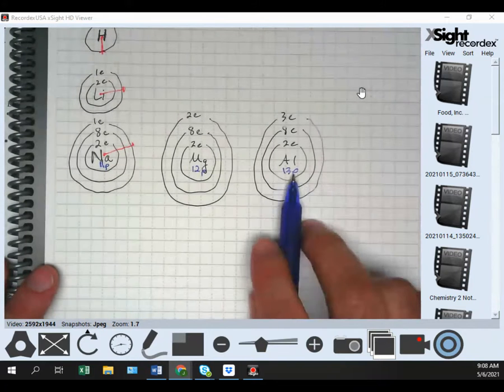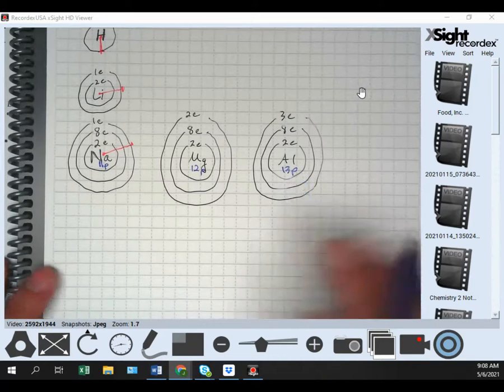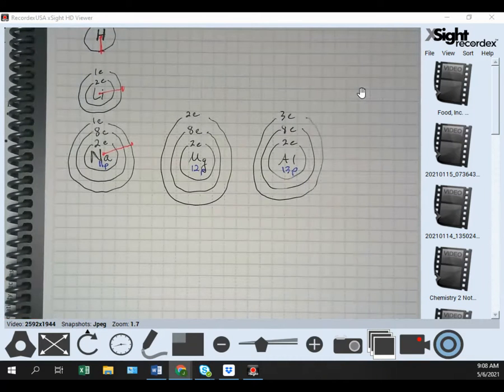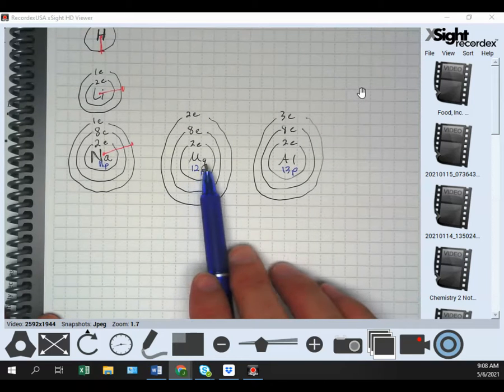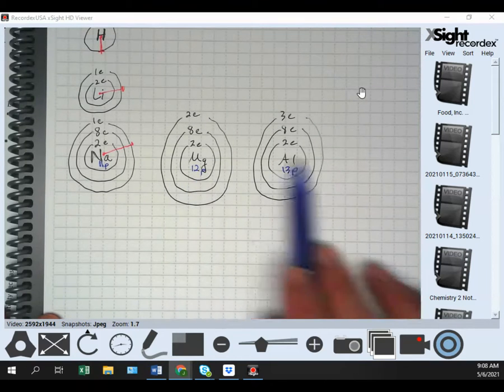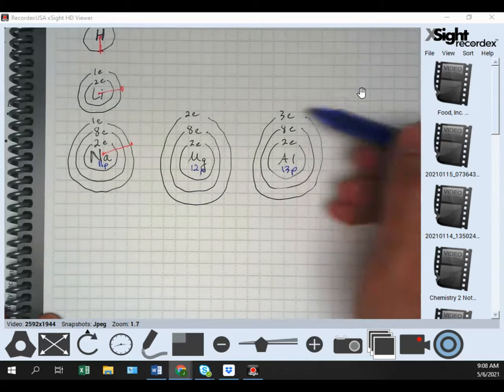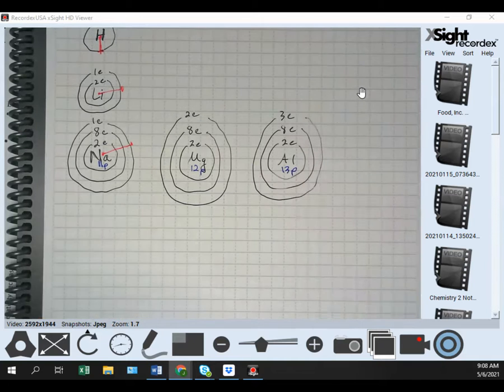But what happens is, think of them like magnets. Protons and electrons attract each other, right? Because they're opposite charge. So they attract. So as you go left to right, you're adding more protons in the middle, and you're adding more electrons. So it's kind of like adding more magnets.